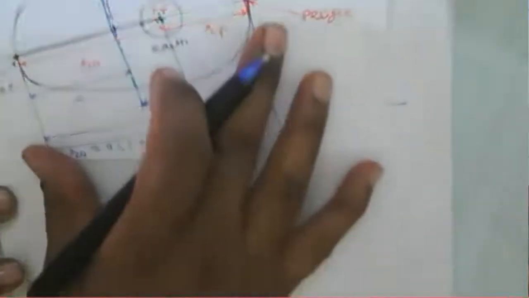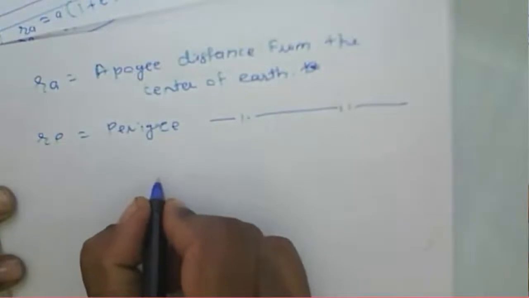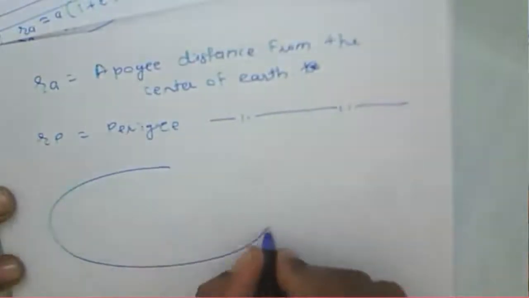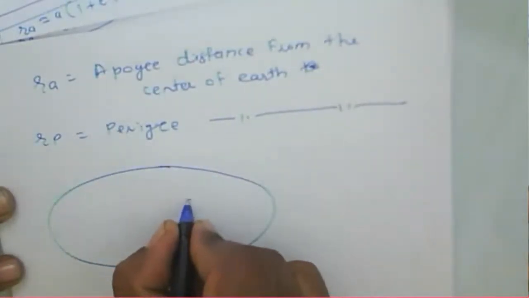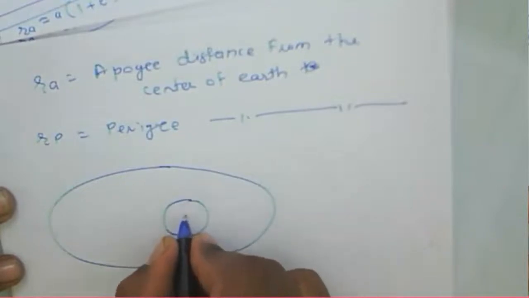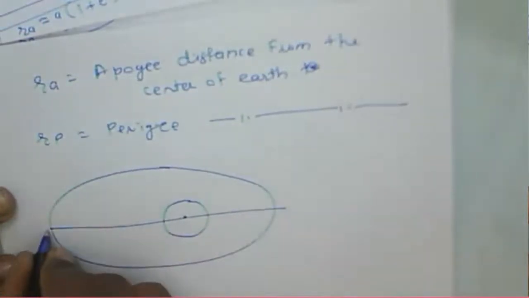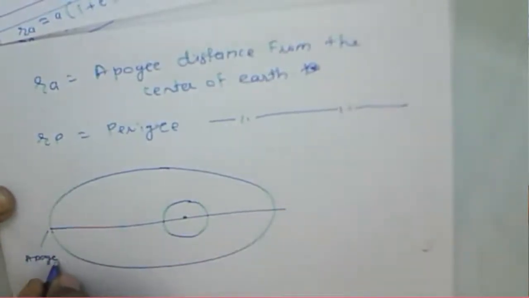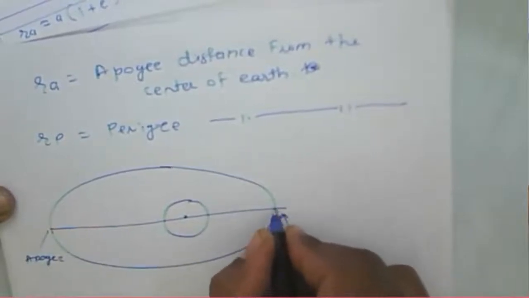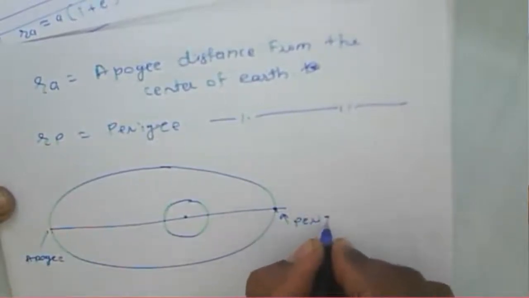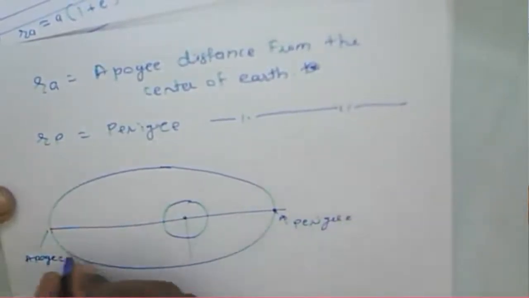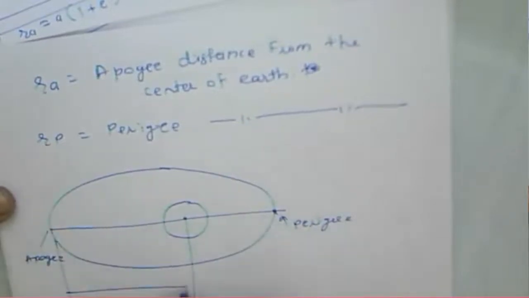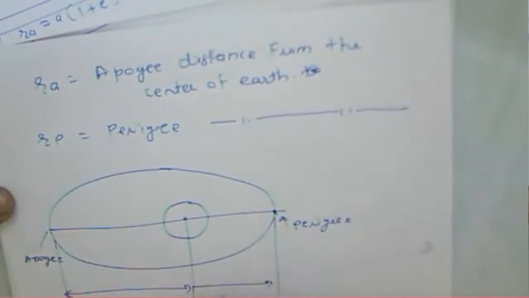Now if we subtract the perigee distance from the center of the Earth, this is the ellipse, we have the Earth, and this is the apogee.